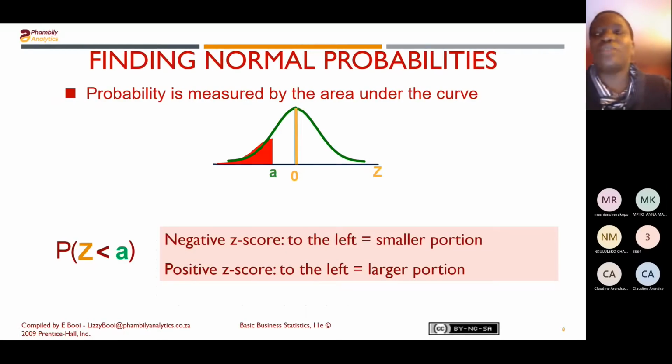And that will be, how do we use those Z standard normal distribution or standardized values to find the probabilities? So finding the probability, which is the area underneath the curve, remember, the area underneath the curve, there are certain rules that you always need to bear in mind. We are going to find the probability of a less than, the probability of a greater than, the probability of equal, or the probability of between.